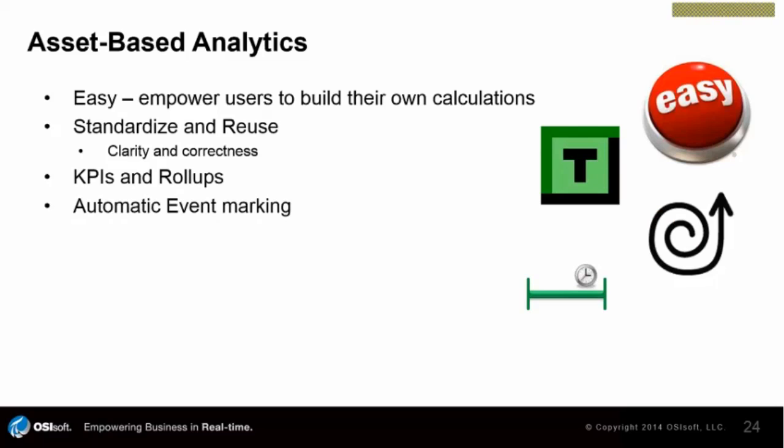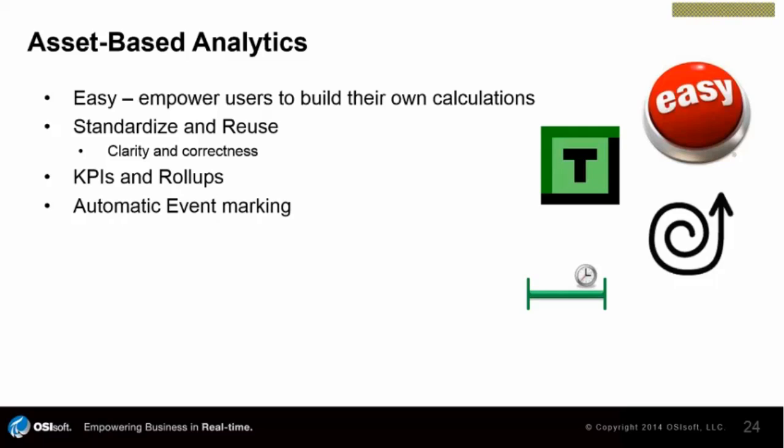So, automatic event logging. For many of our users, it's much more advantageous to look at their data and to work with their data in terms of important events as opposed to specific data points.